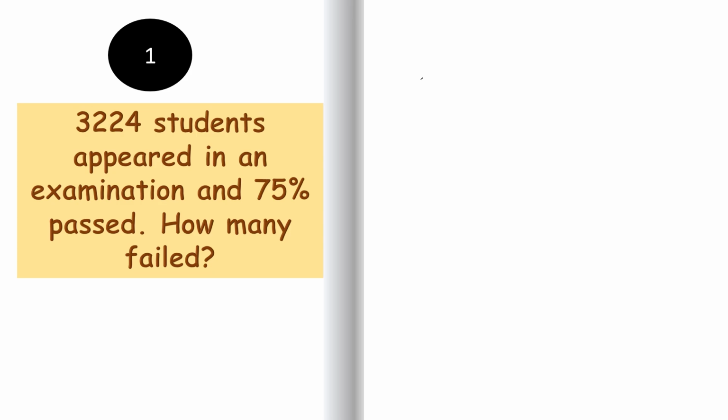So first let us see what is the number of students in total. Number of students is 3,224. Okay, all of them appeared in the examination. So this is the total number of students we can say.